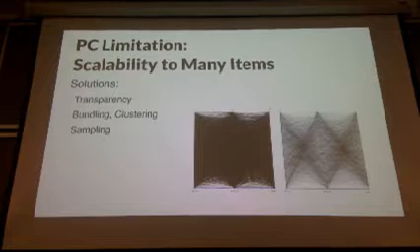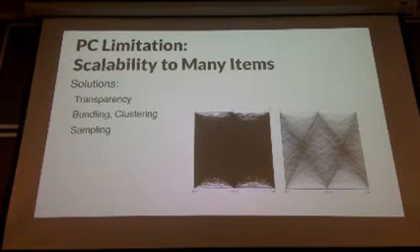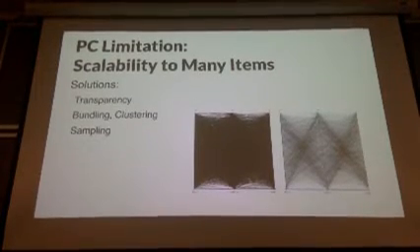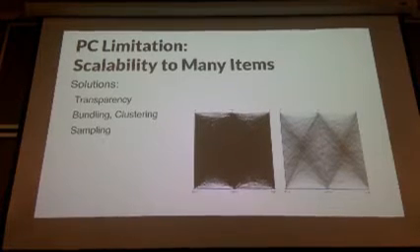Other approaches to address the scalability problem for many items are bundling, clustering, and sampling. If you have a data set like this, sampling is actually quite powerful. You can do just simple random sampling, and you will still see all of the trends that you have.